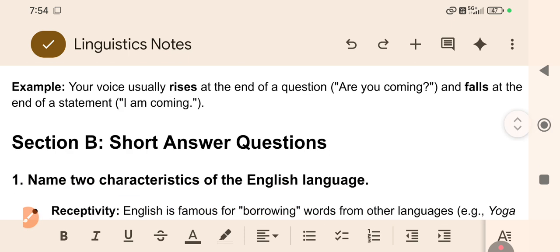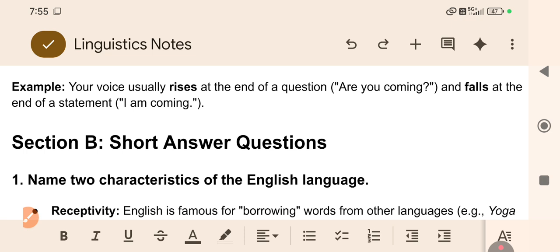Okay, example: your voice usually rises at the end of a question. That's an example. Are you coming? So that is a simple statement, are you coming? But we generally raise our voice, are you coming? So that is a question, right? That's a way of asking a question.